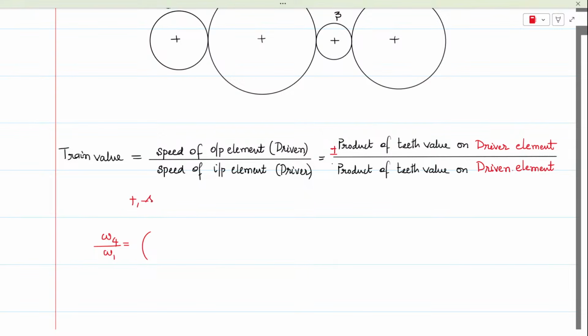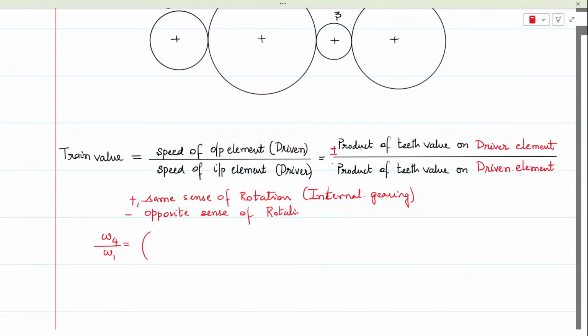Plus is for same sense of rotation, that happens in internal gearing, and minus sign is for opposite sense of rotation. This happens in external gearing.